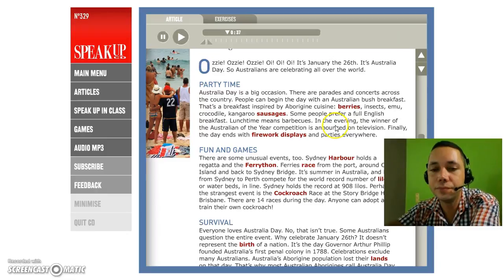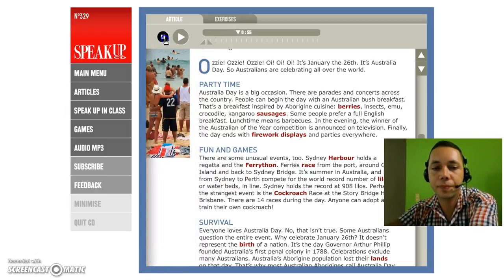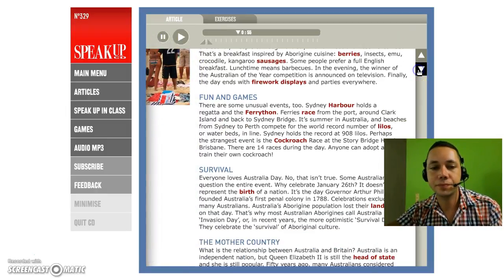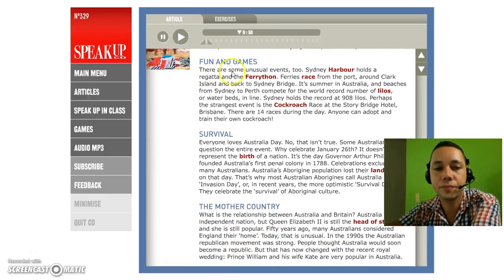Some people prefer a full English breakfast. Lunchtime means barbecues. In the evening, the winner of the Australian of the Year competition is announced on television. Finally, the day ends with firework displays and parties everywhere. There are some unusual events too.